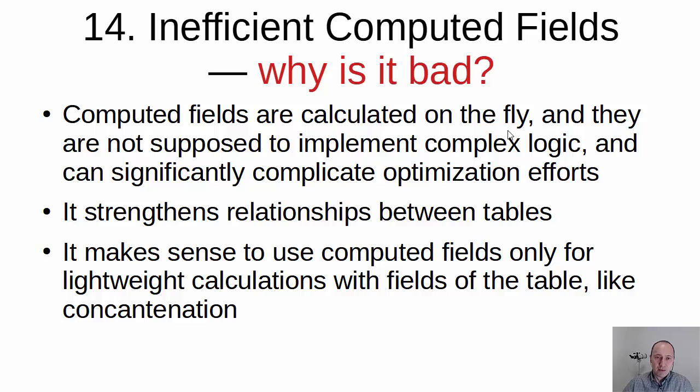But it is pretty bad in terms of performance, in terms of planning, in terms of maintenance of the database, and in terms of understanding what's going on with the business logic inside your database.